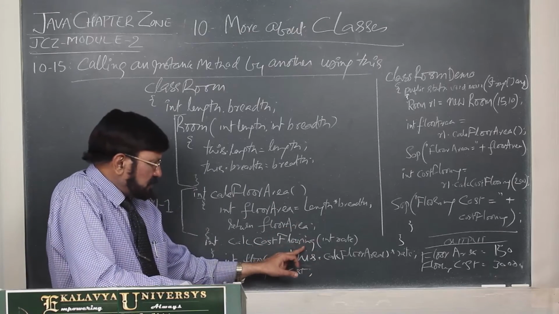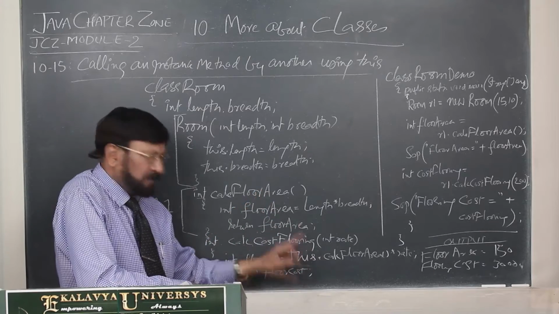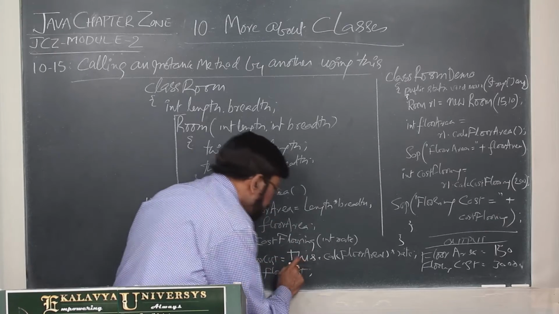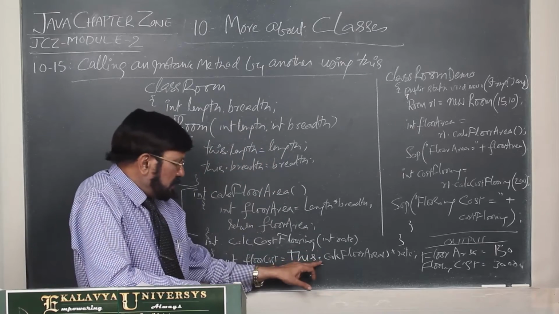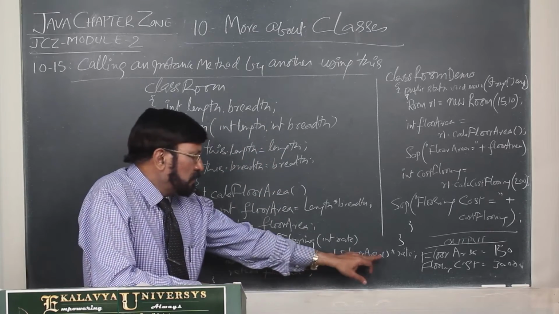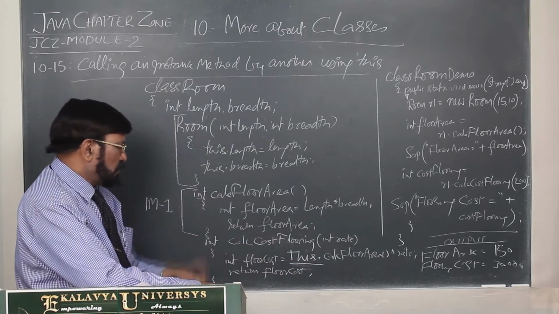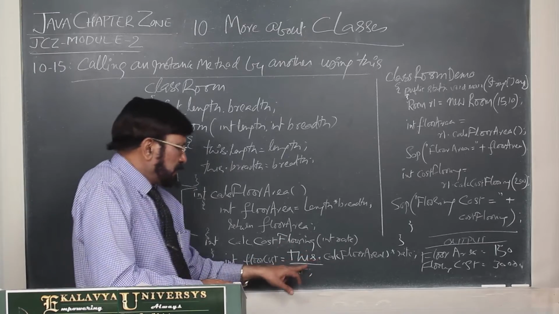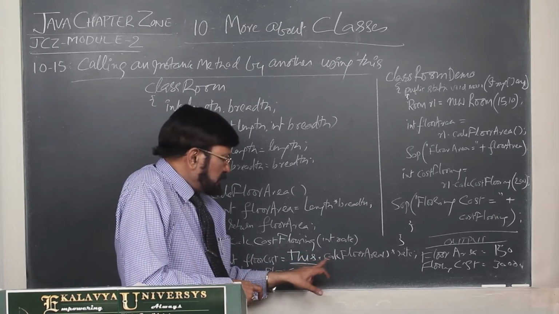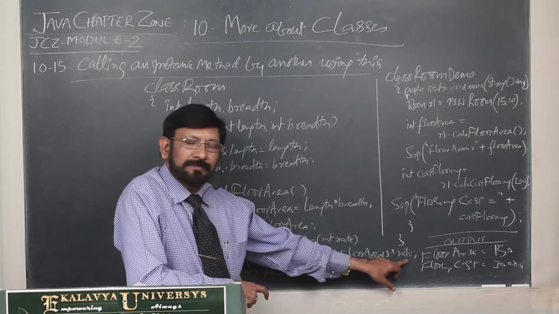From the second instance method, you are calling the first instance method. For that purpose, we are using this. This is the point I am explaining: this.calculateFloorArea. Then what does it return? It returns floor area, and you multiply this.calculateFloorArea into rate.